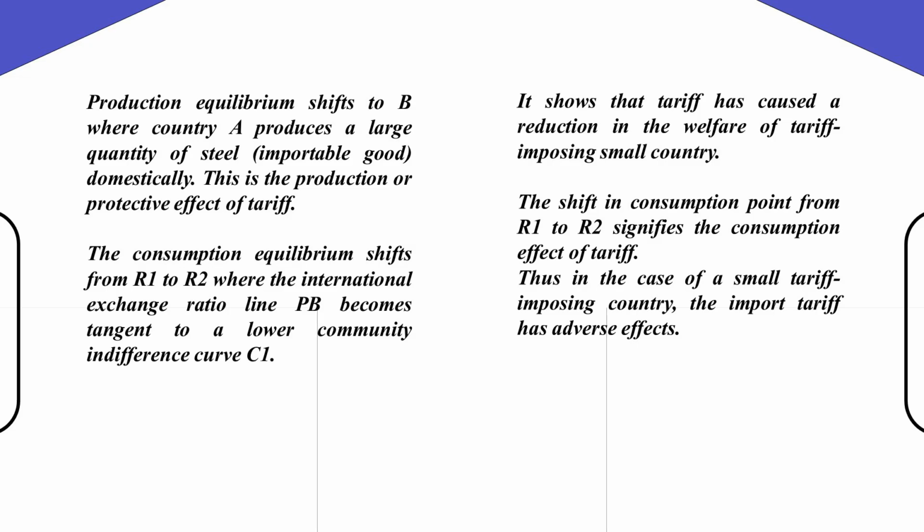It shows that tariff has caused a reduction in the welfare of the tariff imposing small country. The shift in consumption point from R1 to R2 signifies the consumption effect of tariff. After tariff, the country exports BD quantity of cloth and imports R2D quantity of steel.